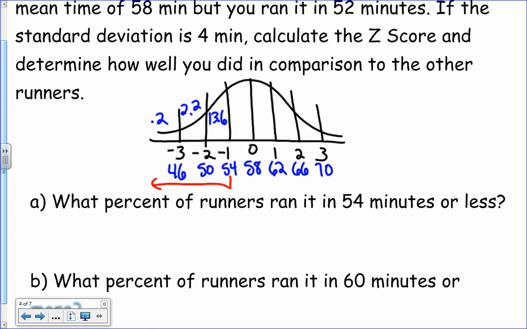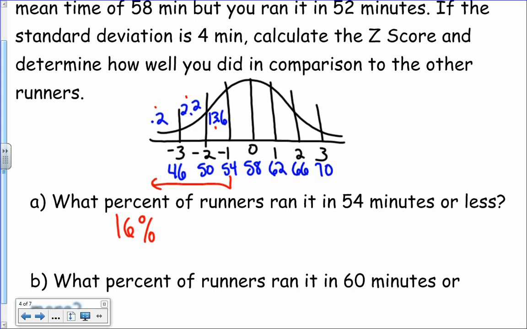If you add all those up, what do you get? You get 16, right? Adding those percentages, 0.2 plus 2.2 plus 13.6 is 16%. You did it the long way, did you still get 16%? Okay, so about 16.